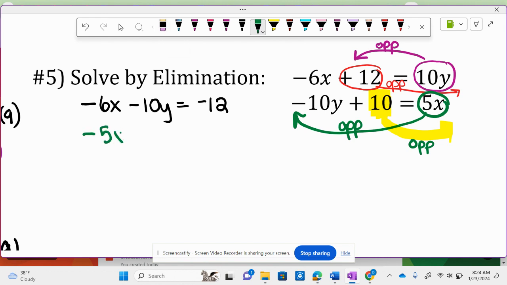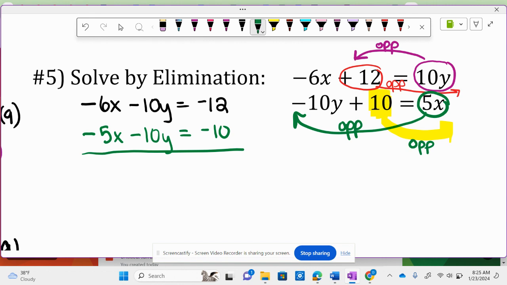Negative 5x. The negative 10y stays right there. Negative 10y equals, this positive 10 moves across the equal sign, so it becomes its opposite, which is negative 10. I want you to know that movement so you don't have to add something to both sides or subtract something from both sides. I want it to be quick for you.